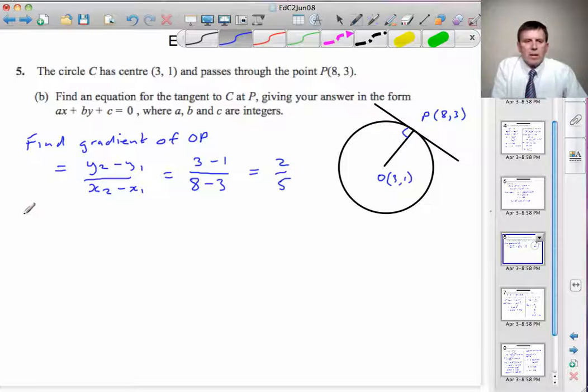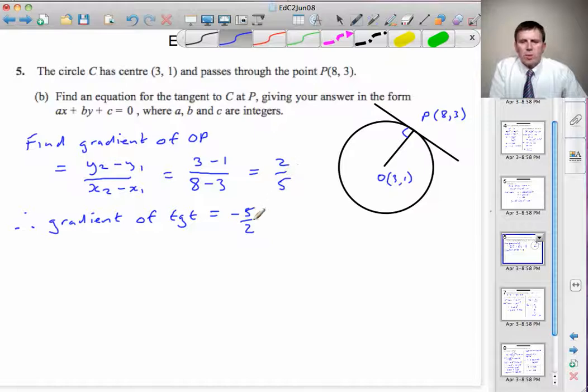Now then, we can say, therefore, the gradient of the tangent is equal to minus 5 over 2, because the gradient of 2 perpendicular lines multiply together to give minus 1. So one is the negative reciprocal of the other.